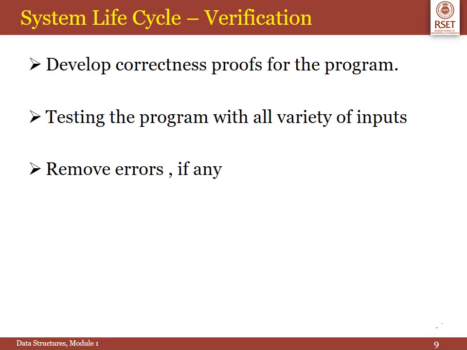In the verification phase, we try to develop the correctness proof for the particular program by testing the program with a variety of inputs, and we try to determine if we are getting the desired output or not. Then if there are some mistakes in the output, we try to remove the errors if there are any.